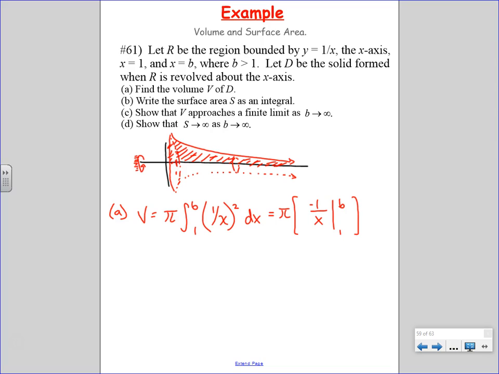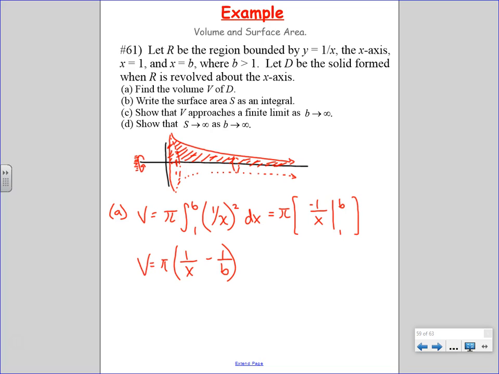Okay, so finish solving, and then we plug in B. But what's B? Well, our bounds. F of B minus F of A. This one's going to be minus, that's going to be a positive, this one's going to be a negative, so I'm just writing it this way, times pi.